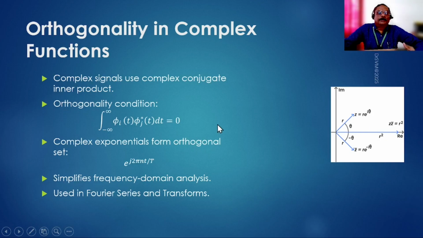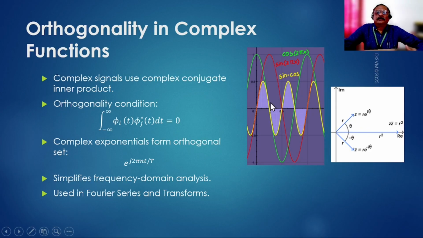And if the two functions are orthogonal to each other, then this inner product must become 0. That means if the theta between these two is 90 degrees, then we get the answer to be 0.